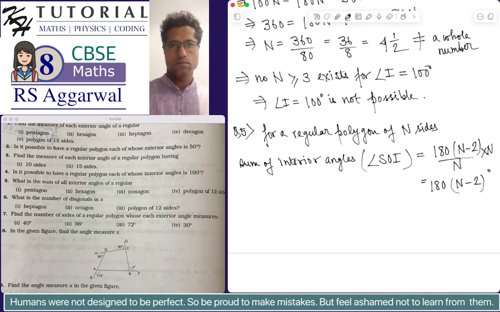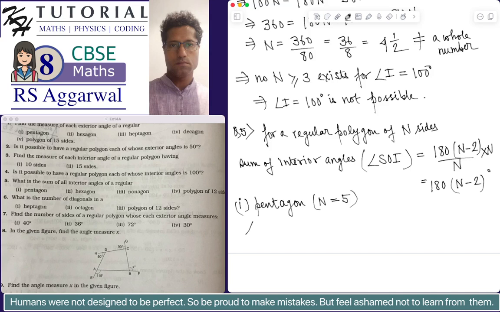Now let's see for a pentagon. For a pentagon, we know it is a polygon having 5 sides, that is capital N will be equal to 5.